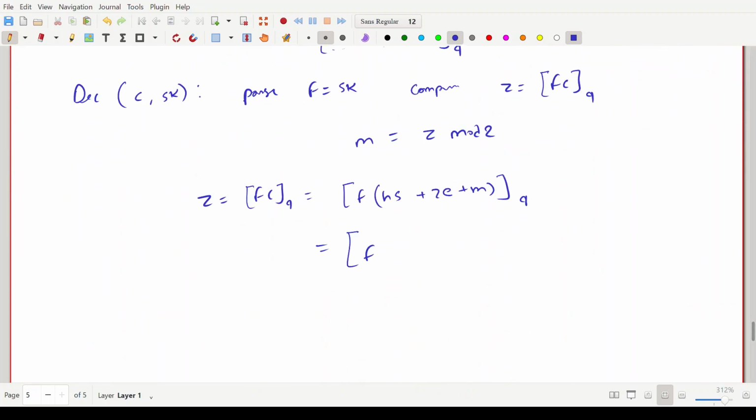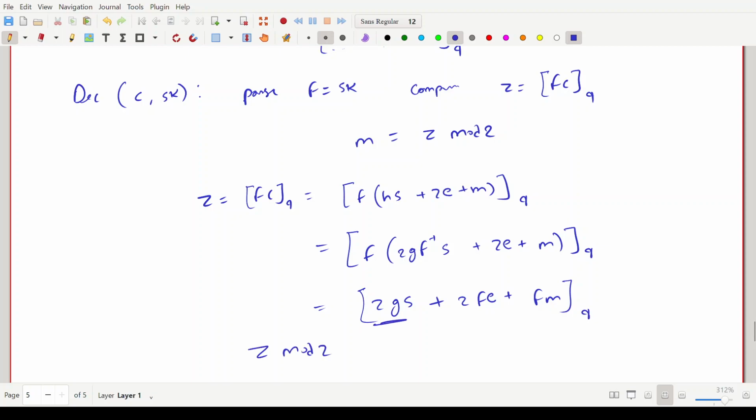So it is f into 2g f inverse s plus 2e plus m, and this will be 2gs plus 2fe plus fm modulo q. This is the value of z. Now if you take z modulo 2, everything will go away, this will go away, this will go away, and f modulo 2 is 1, as I already mentioned. So if I take modulo 2, I'm just left with m, my message. So it was very easy to check.